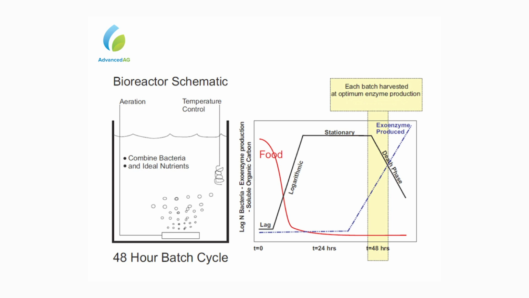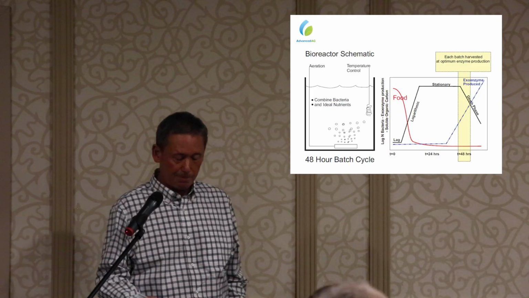Yes, it's reproducing, but then it's producing one of the functions. In this case, it's one of those hydrolytic enzymes. So the brewing process is integral to optimizing the function that we provide, and it is also integral to economy so that we can make things at a reasonable cost.